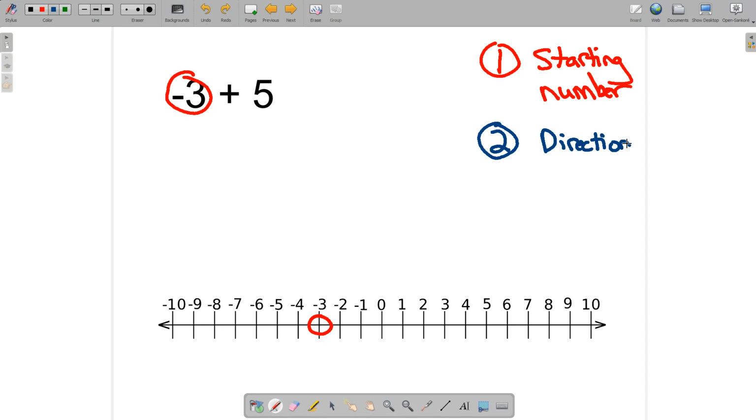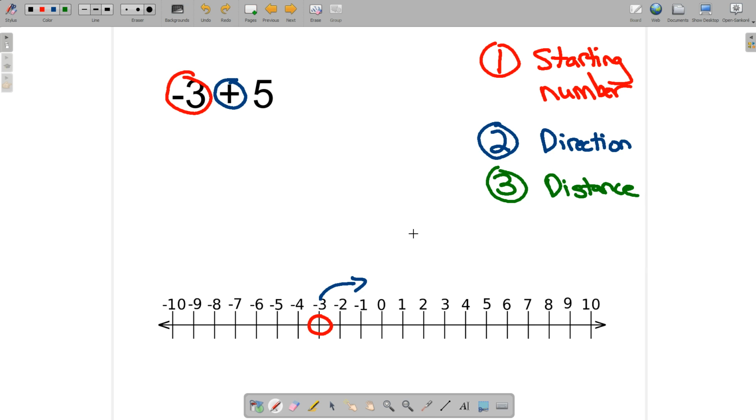Step 2 is we need to decide the direction. What my students like to say here is step 2 is the fight. We need to figure out who's fighting. Well, in this one, there's only one thing in the ring. There's only a positive. Therefore, nothing changes. And we know that positive numbers go to the right. So in this problem, we're going to move right. Which brings us to the final step, step 3, and that is the distance that we cover.